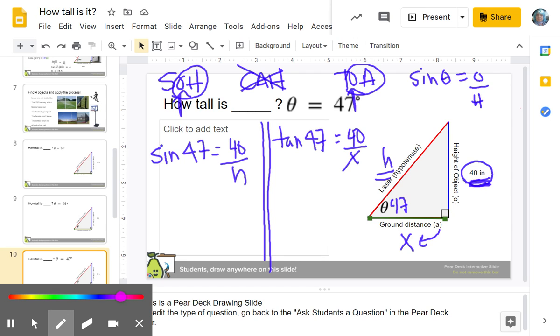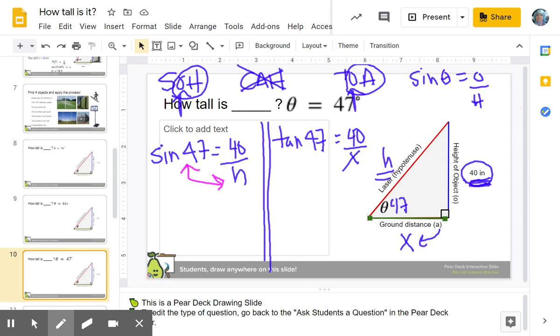What do I have to do if the variable's in the denominator? Switch them. Absolutely. So we're just going to rewrite that. H equals 40 divided by sine 47. And we're going to switch these guys here. X equals 40 divided by tangent 47.